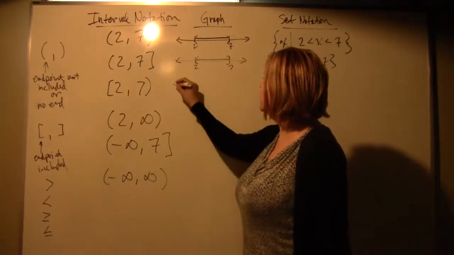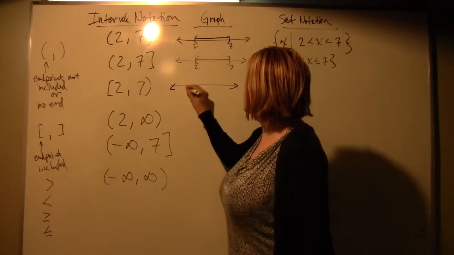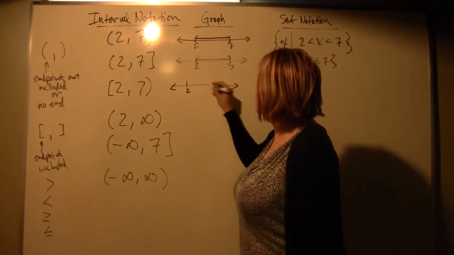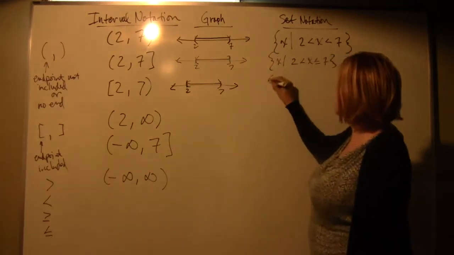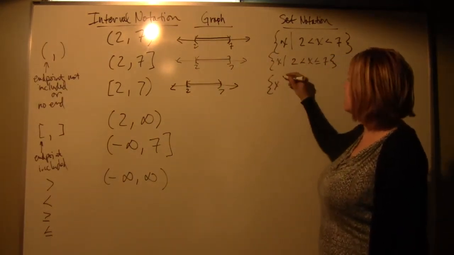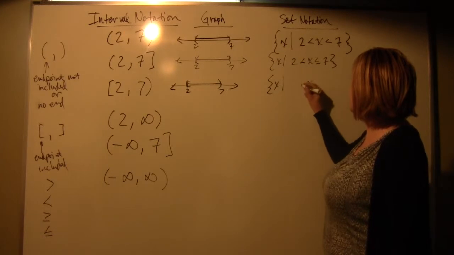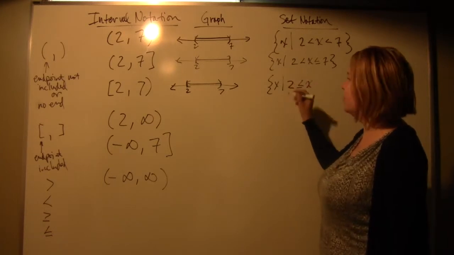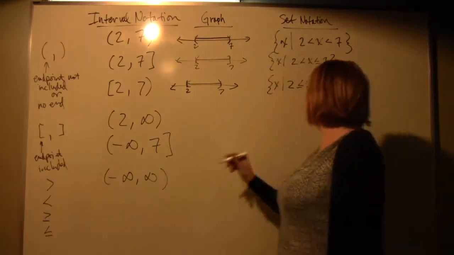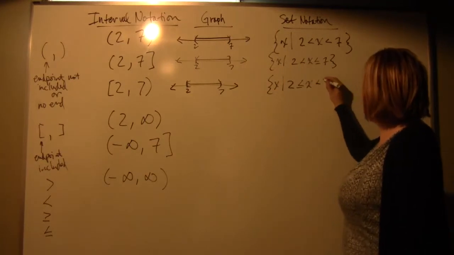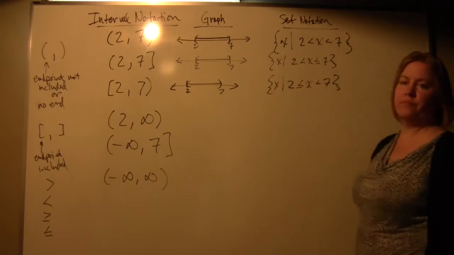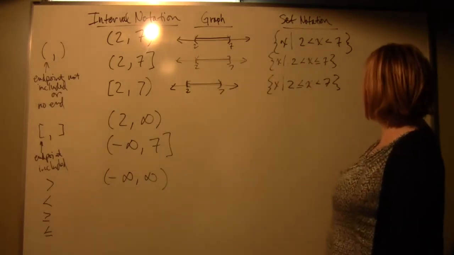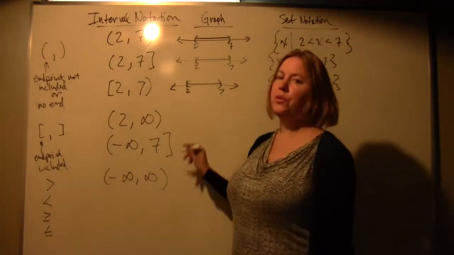So notice the difference in that with the bracket, how that changes in the set notation. For here, the 2's included with the bracket, and the 7 has a parenthesis. So it's the set of all x such that x is greater than or equal to 2. It has a bracket. And x is less than 7. So notice the difference there. Okay? 2 to infinity.